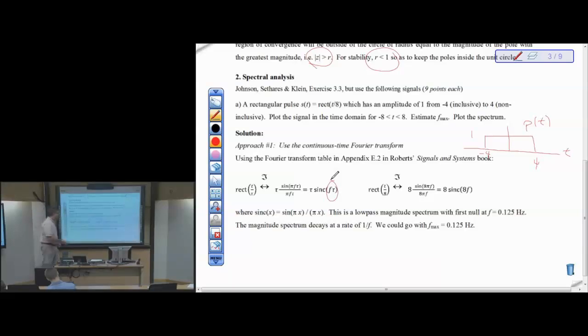Okay, so this tells us the first zero crossing in the Fourier domain is going to be at 1 over 8. So if I look at the magnitude, I get the familiar sinc shape, and this first zero crossing is 1 over 8, 1 over tau.